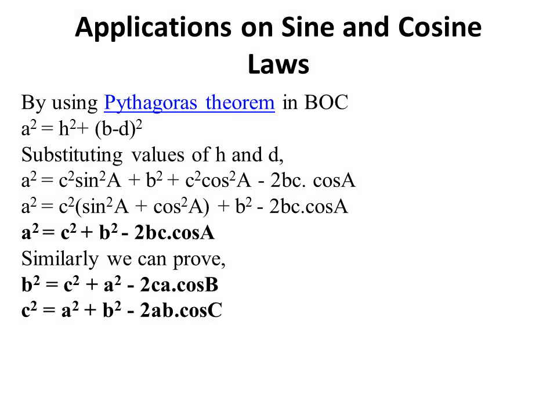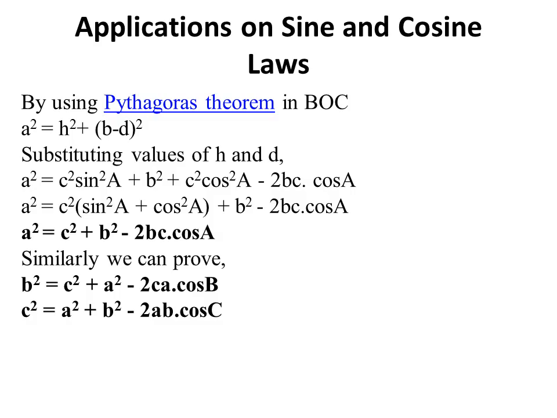By using the Pythagoras theorem in triangle BOC, we have a square is equal to h square plus (b minus d) whole square. Substituting the values of h and d, we have a square is equal to c square sin square A plus b square plus c square cos square A minus 2bc cos A, and a square is equal to c square into (sin square A plus cos square A) plus b square minus 2bc cos A. Therefore, we have a square is equal to c square plus b square minus 2bc cos A, because sin square A plus cos square A is equal to 1.